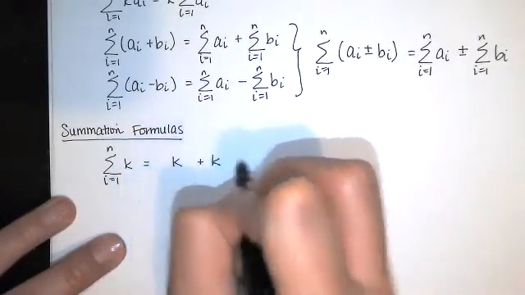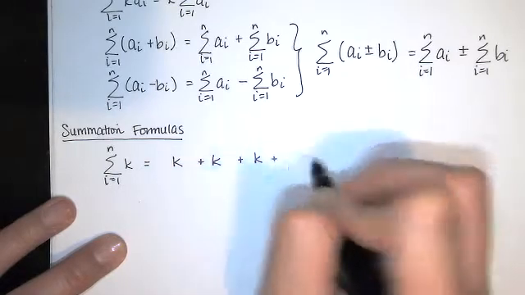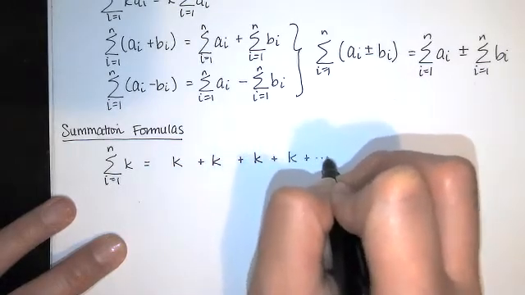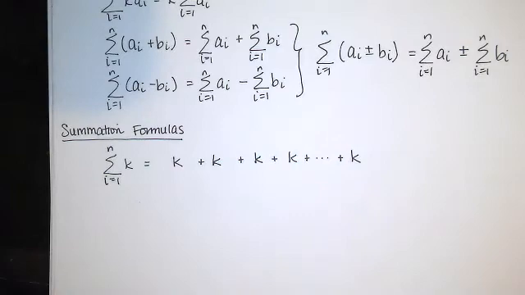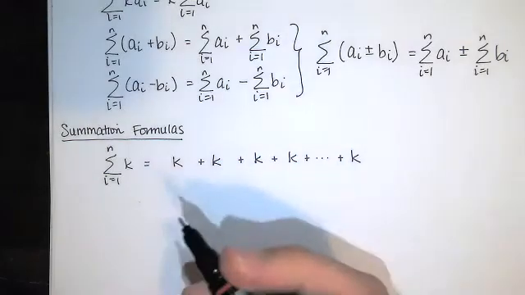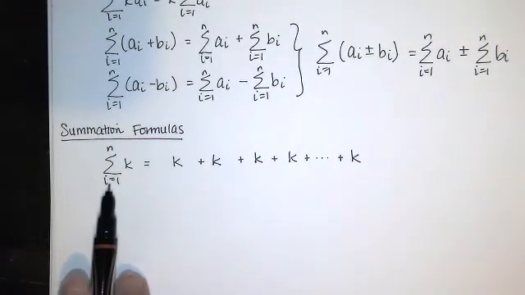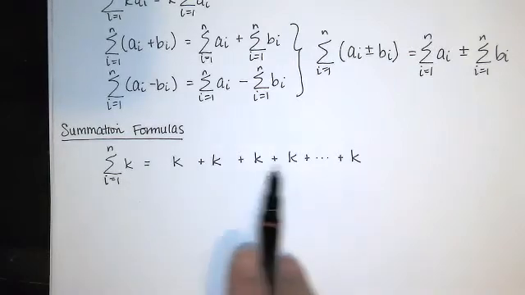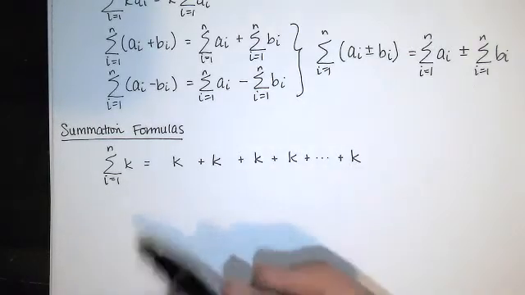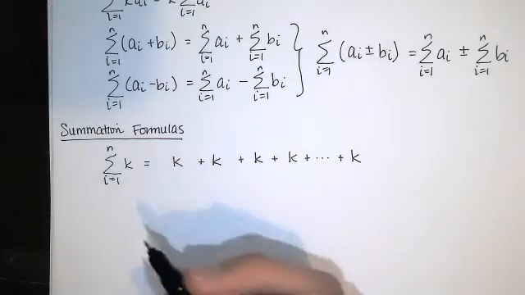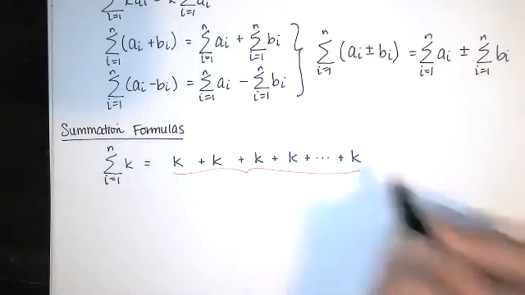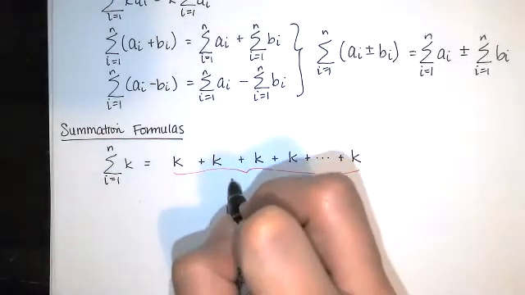When i equals 2, you get k. When i equals 3, you get k. And you keep going. If I'm just adding k to itself every time from i equals 1 to n, this is just k n times.